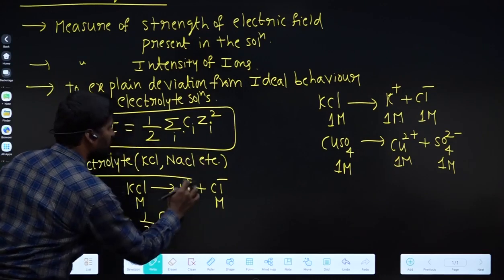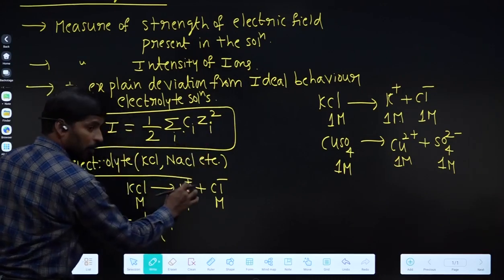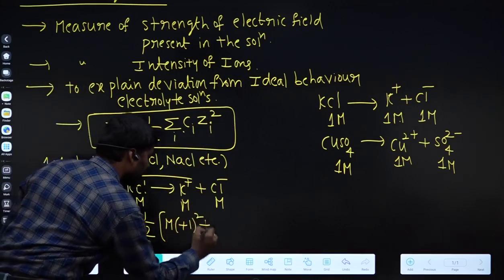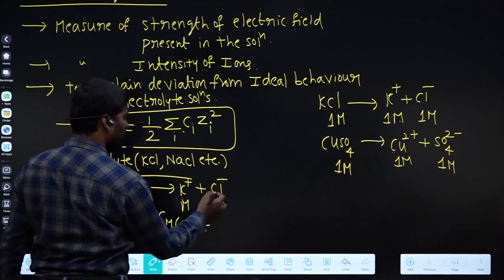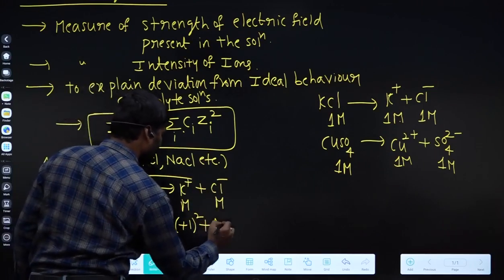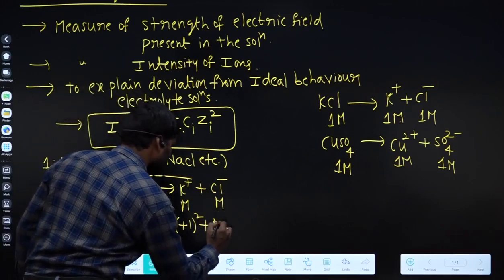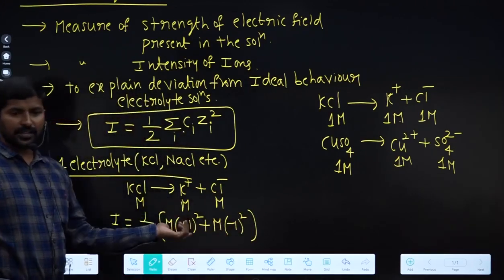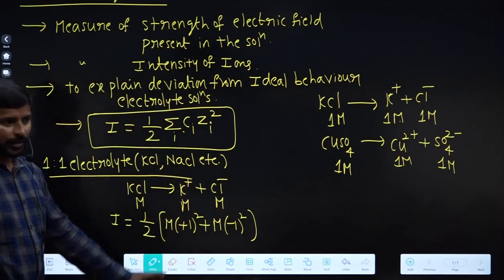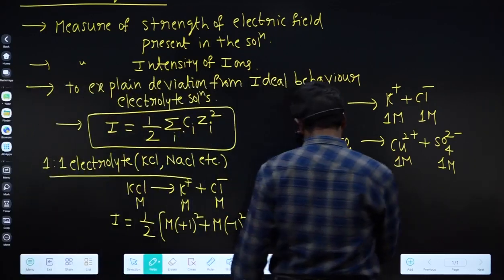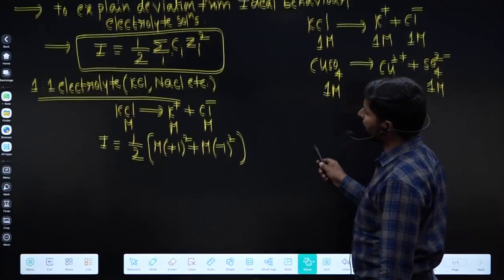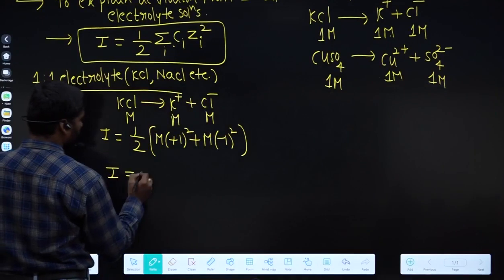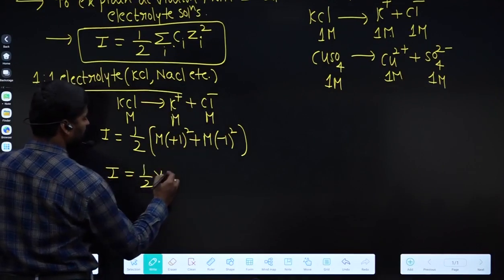And what is the charge number on potassium? 1. So 1 square plus concentration of anion, Cl minus ions, that is again m only, minus 1 whole square. Since we have square, the sign we need not consider. So therefore we get I is equal to 1 by 2 times m plus m, that is 2m.